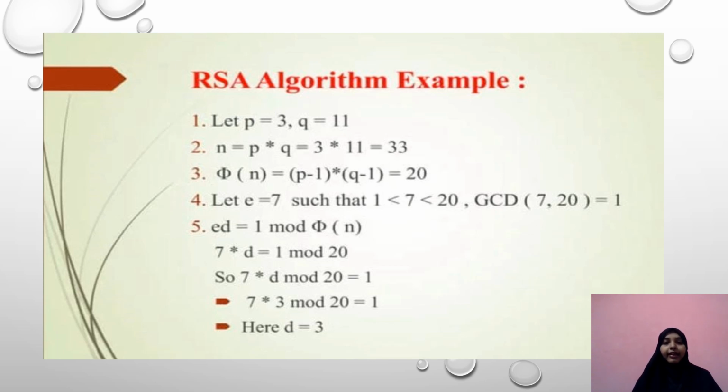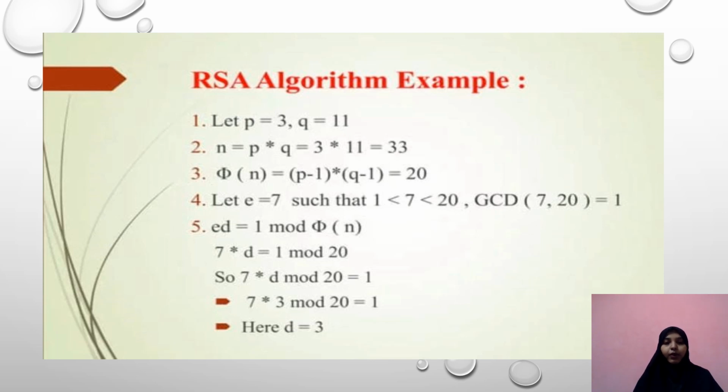Phi of n can be represented as (P minus 1) star (Q minus 1), and we get the value of 20 because P is equal to 3 and Q is 11. Let e is equal to 7 such that it satisfies the condition 1 should be less than 7, and it should be less than 20. We get GCD of 7 and 20 is equal to 1.